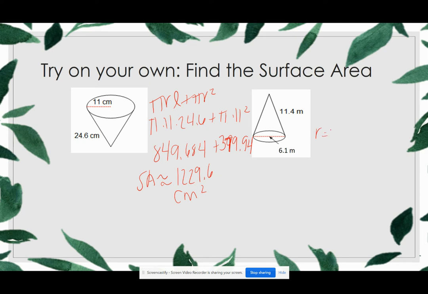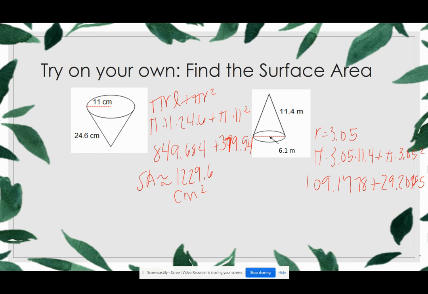And the other one I divide in half. I get my radius as 3.05. So I have pi times 3.05 times 11.4 plus pi times 3.05 squared. So 3.14 times 3.05 times 11.4 gives me 109.1778 plus 3.14 times 3.05 times 3.05 gives me 29.20985.